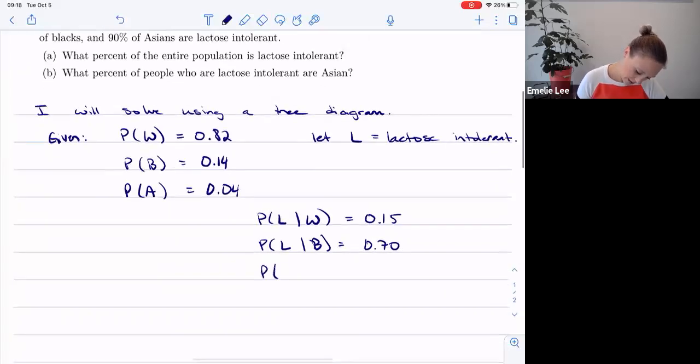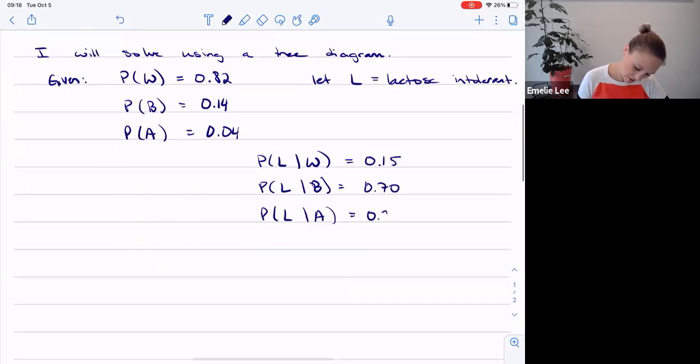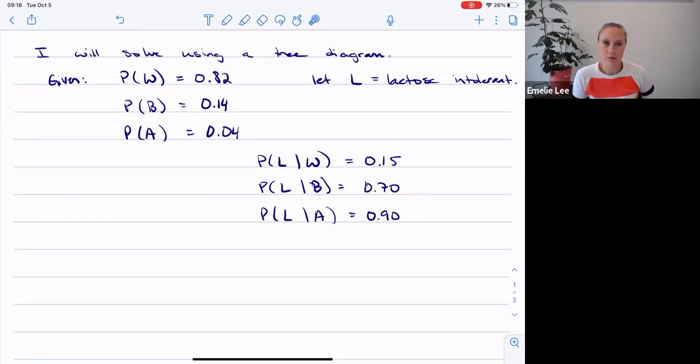And the probability of being lactose intolerant, given that the person is Asian, is 0.9. I like to throw the trailing 0 on there just to emphasize that I did 70 and 90. Obviously, trailing zeros don't do anything, but it just makes it look a little cleaner. That's just a side note.